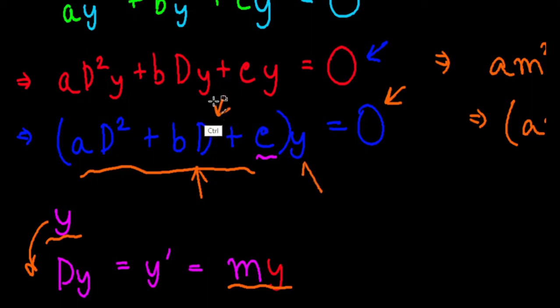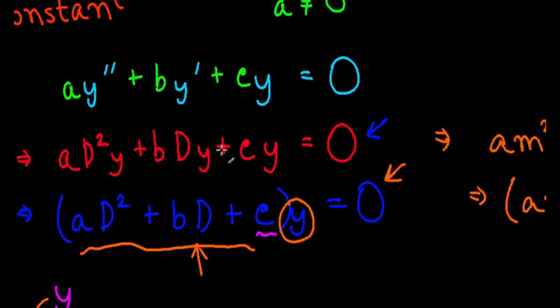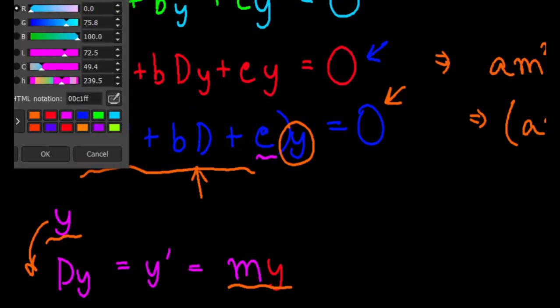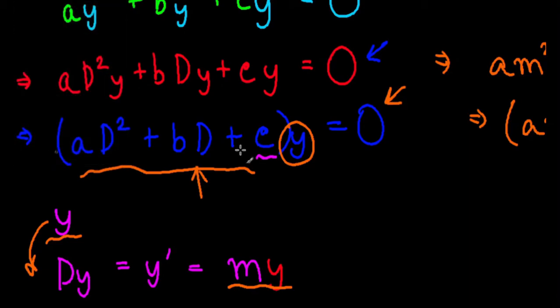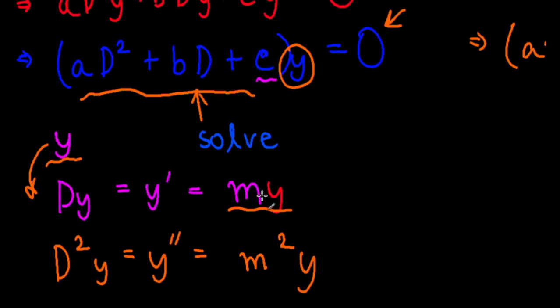But if it were actually a quadratic, and you were able to factor the y, this second order linear homogeneous differential equation with constant coefficients would be very easy to solve. You just need to solve the quadratic equation, and for that we are searching for some function such that every time you differentiate it, you just multiply by some constant m.